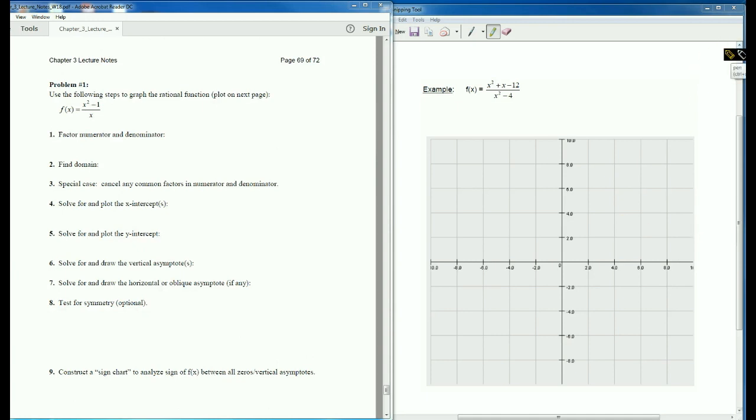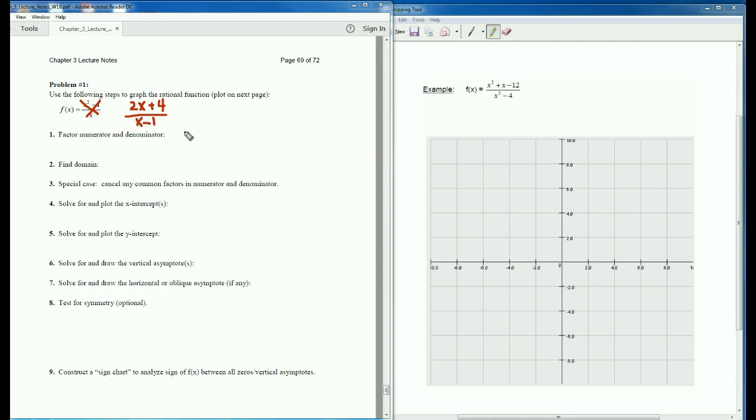Okay, and the last thing I want to comment on before I end is that I just noticed on problem number 1 on page 69, I want you to replace that one with a different problem. I want you to do this: f of x equals 2x plus 4 over x minus 1.